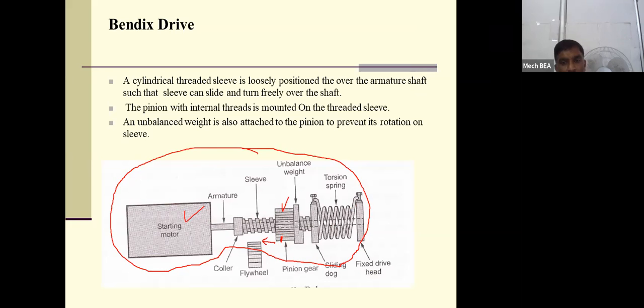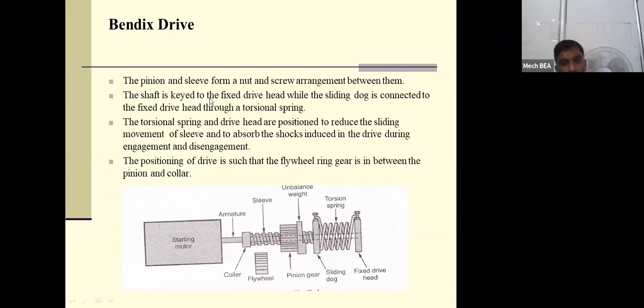So the Bendix drive is used. You can see this is the pinion. This one is the sleeve. This is the armature. This is the motor.